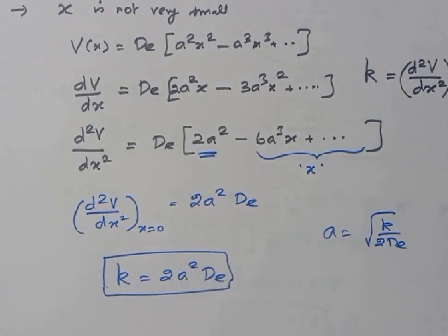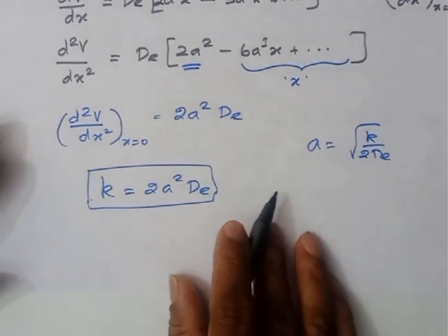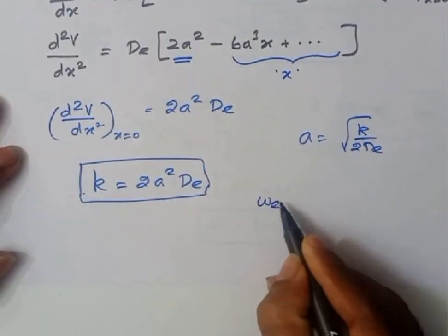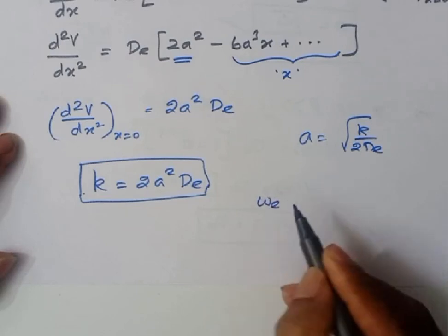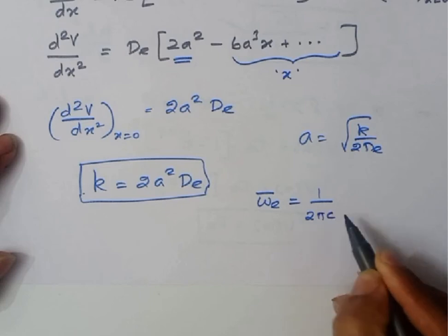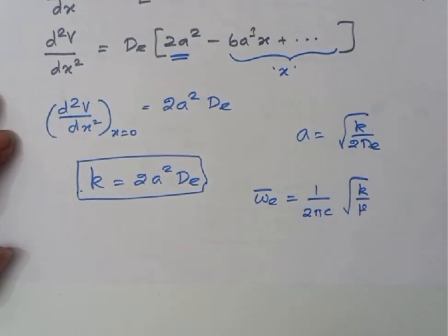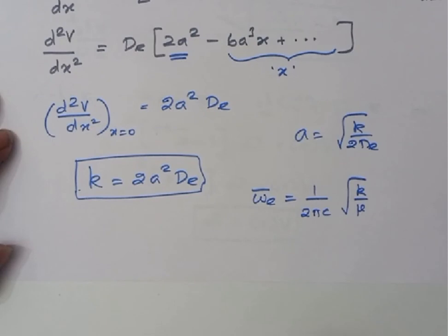Now you know very well the equilibrium vibrational frequency, omega e bar, equals 1 by 2 pi c square root of force constant k by mu, right, for a diatomic molecule?